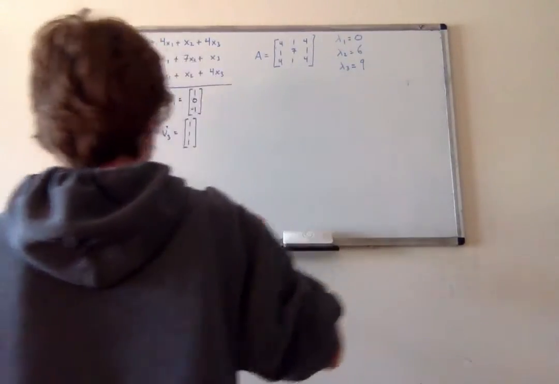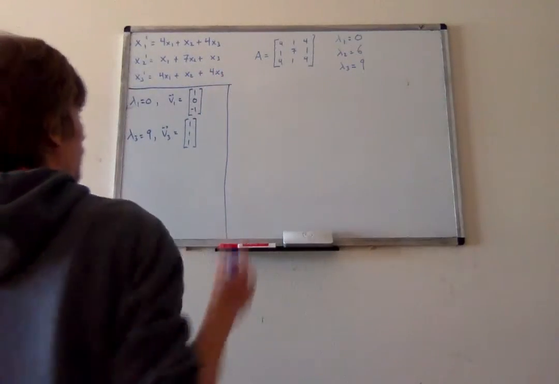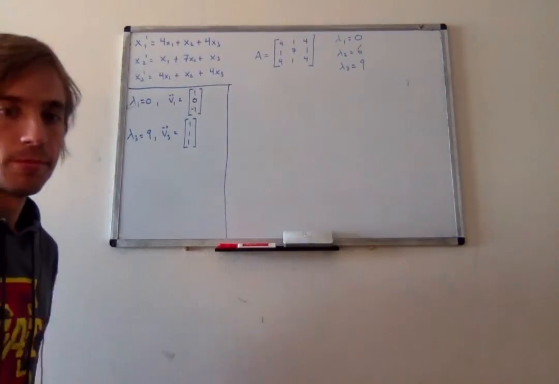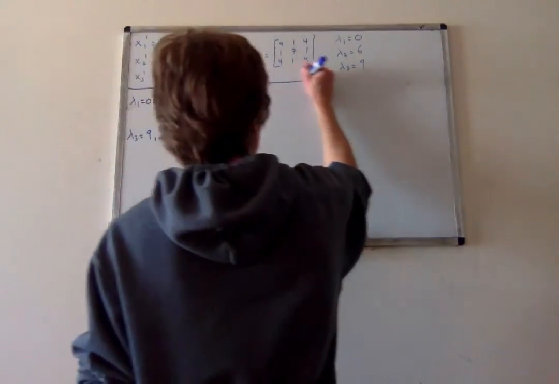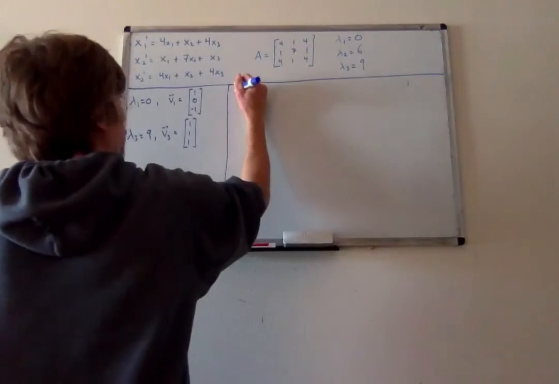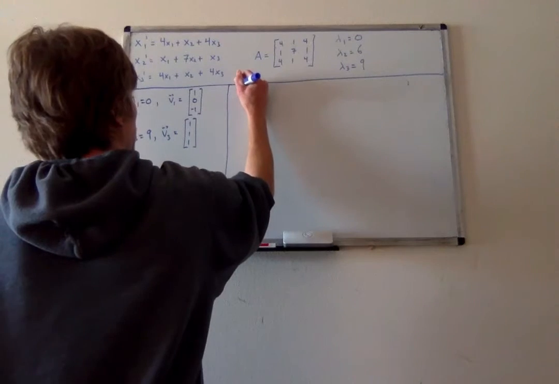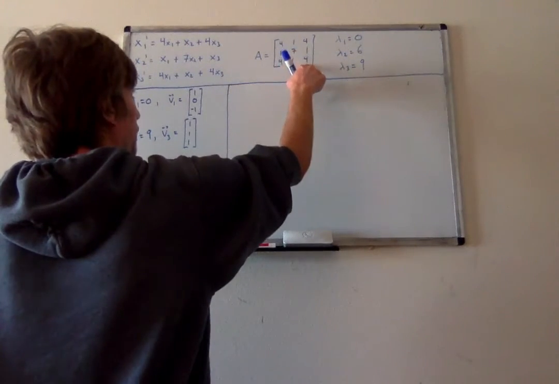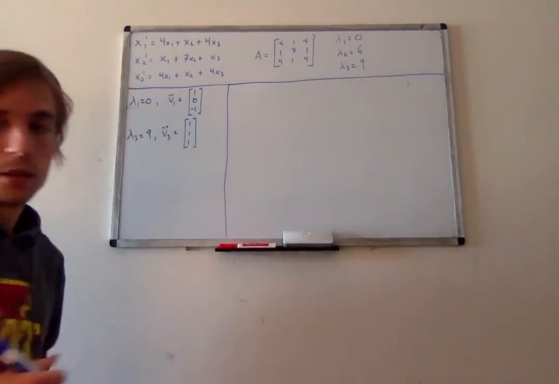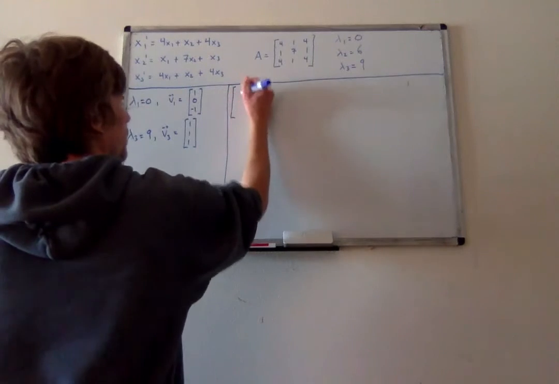Lambda 2 equals 6, I think we're going to have to do it the little more involved way. So remember what we want to do. We want to solve the matrix equation where I subtract lambda off of each of the diagonal entries of A and solve for the eigenvector V. So this would look like this.